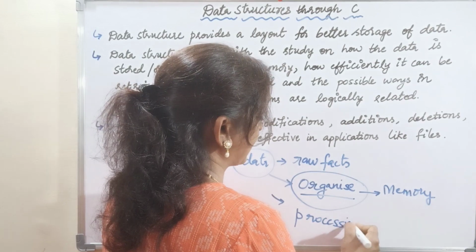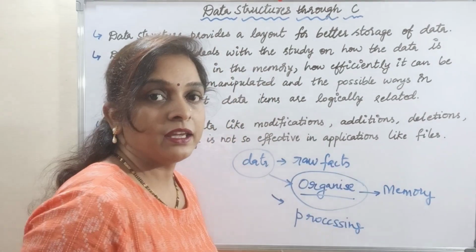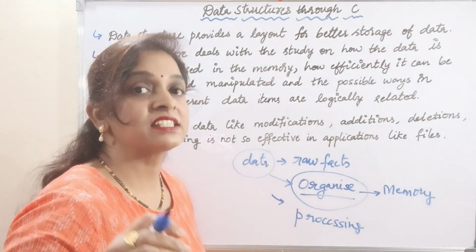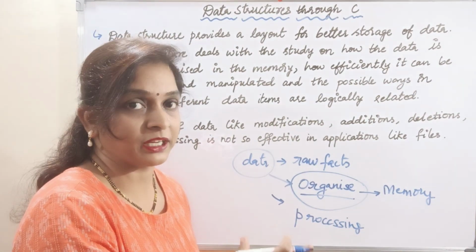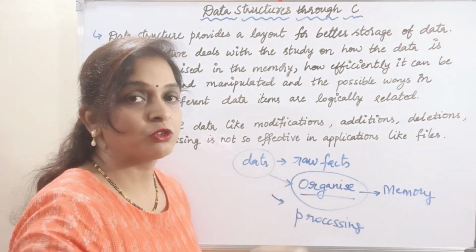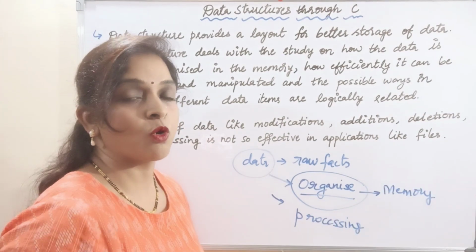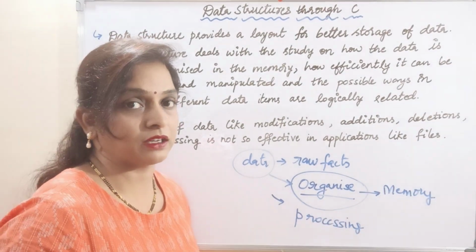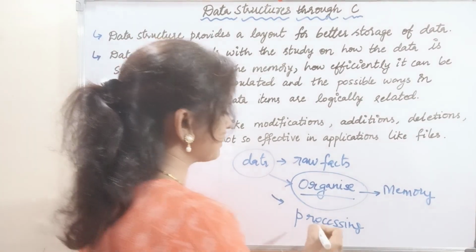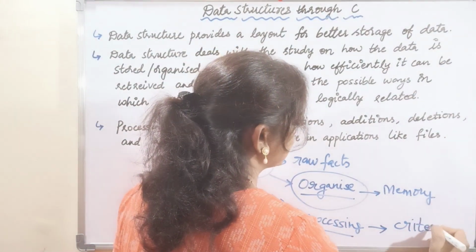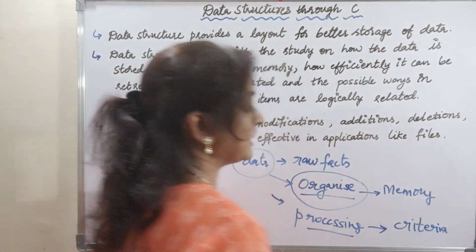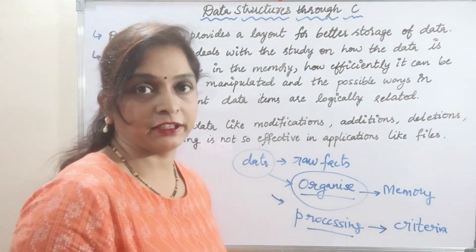After we organize the data, we do the processing of it. Say we put some criteria saying that for the course name, if it is C language, then sort all those contents separately. If the course name is equal to Java, separate that content. If the course name is Python, separate that content. So we apply some criteria, and based on that criteria, we do the sorting of data.